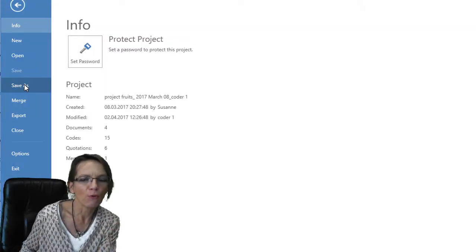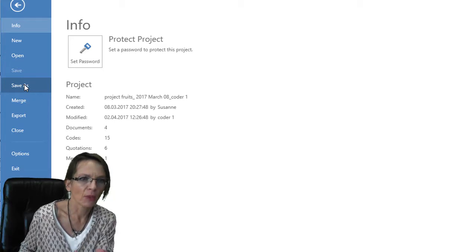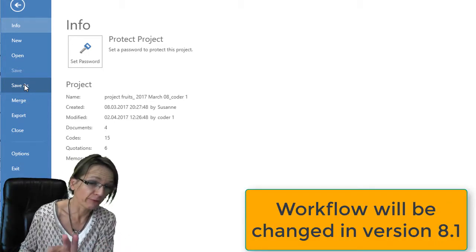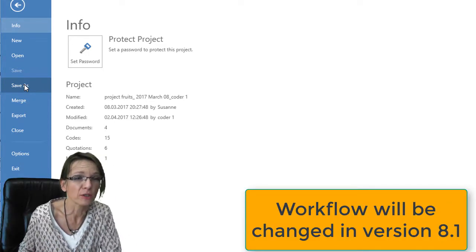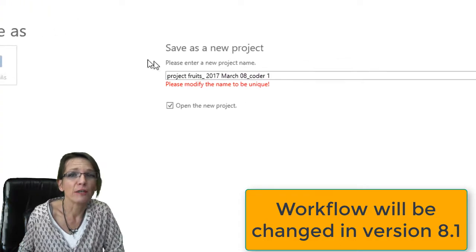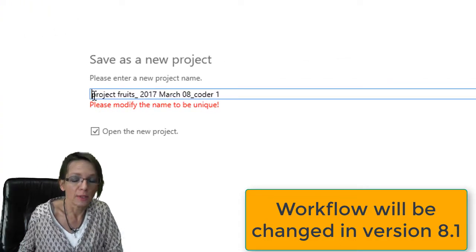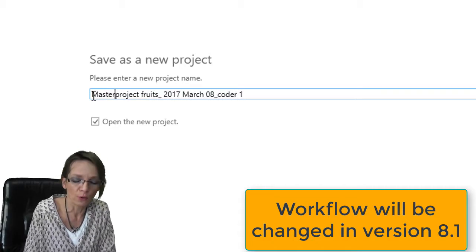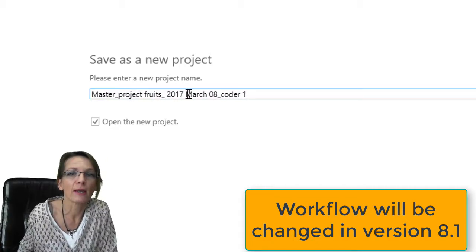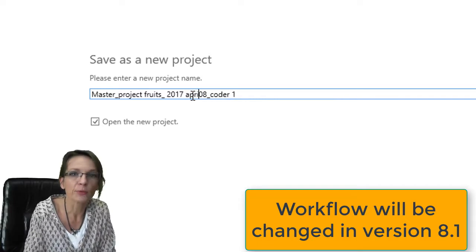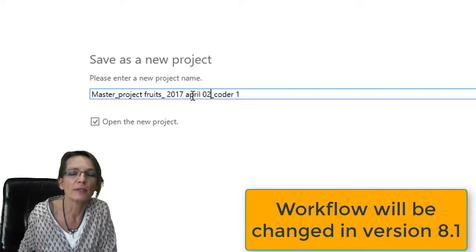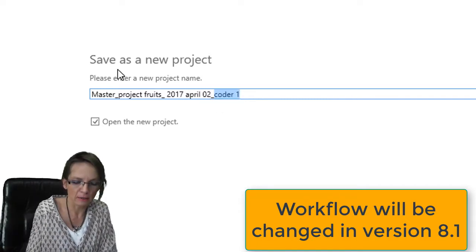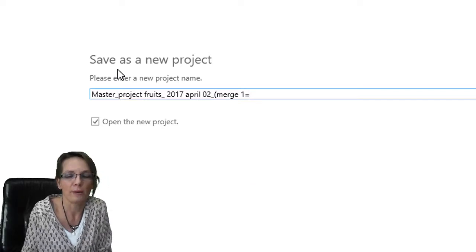We don't want to overwrite an existing project, so if something goes wrong with the merging, we can start again from scratch. If I do a save as, this automatically creates a copy of the project. So it is the master file again, and now it's April 2nd, and this is our merge 1.